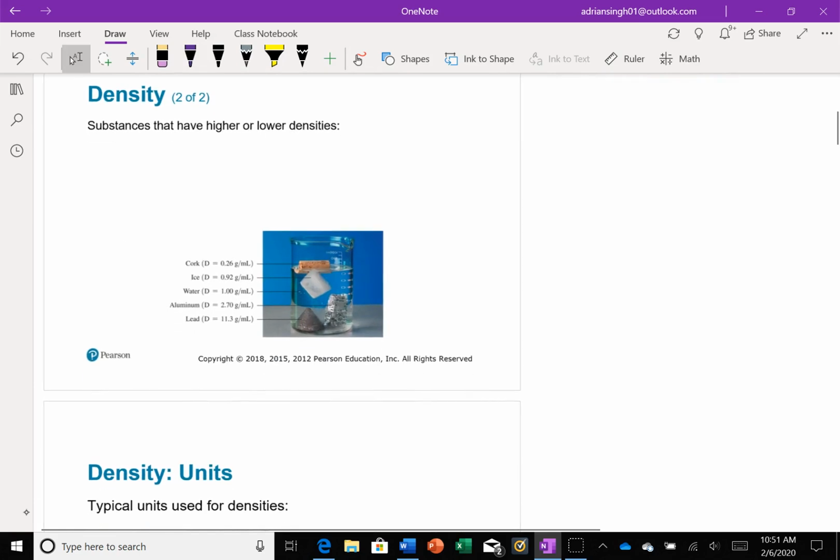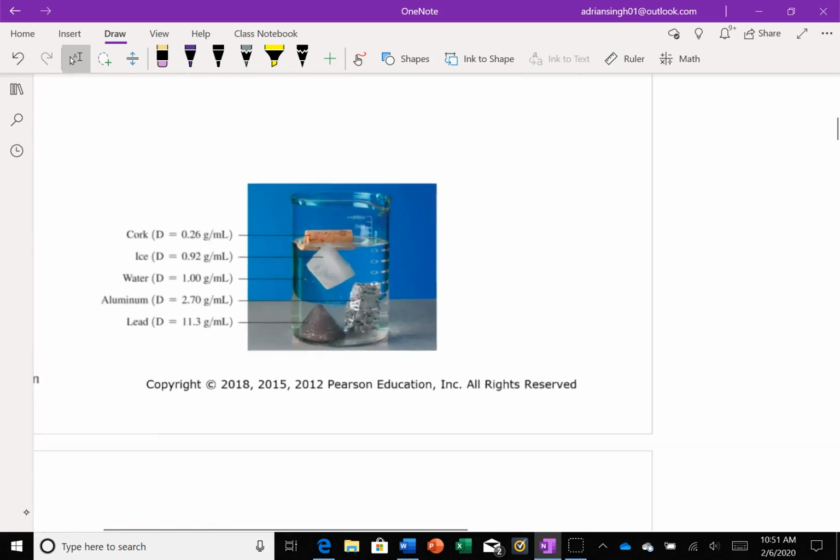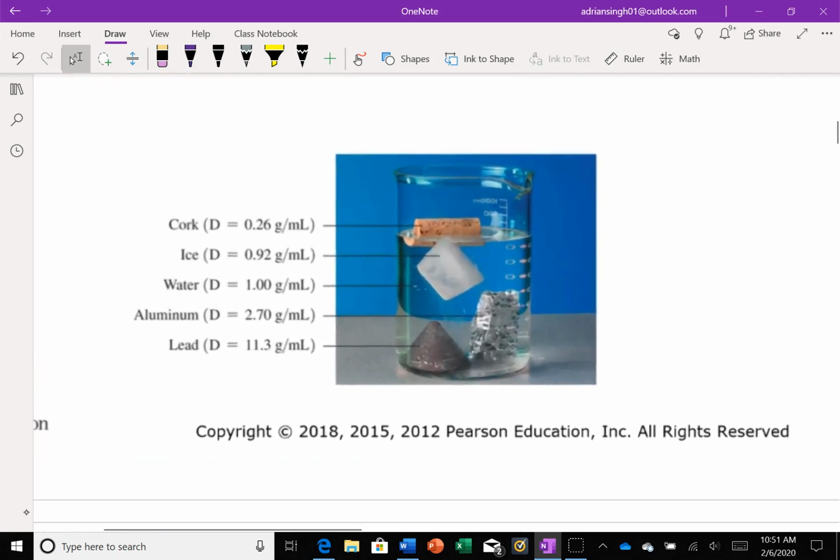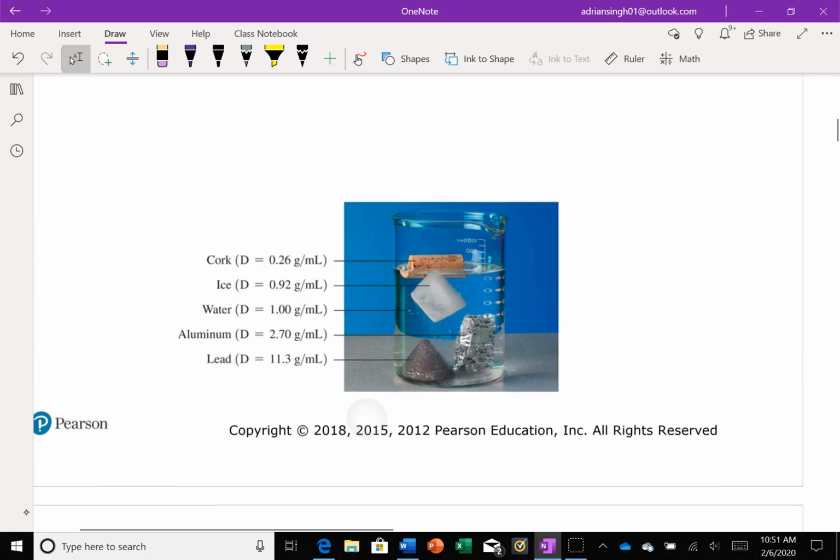And as you probably know, different substances have different densities associated with them. So in this diagram here, you're seeing what can actually happen when you place substances that have different densities next to each other or in a common environment. So for reference here, we have the density of water as 1.00 grams per mil.